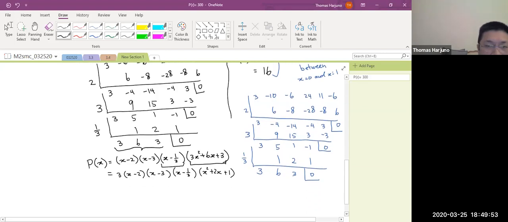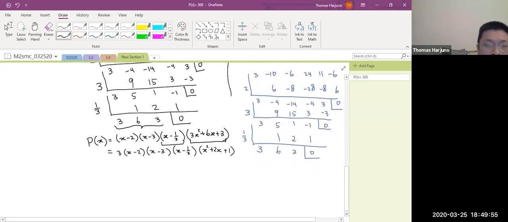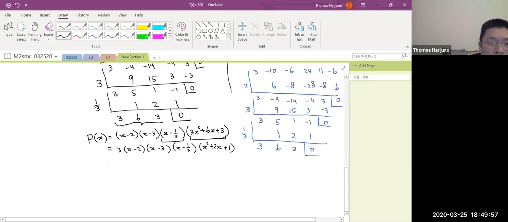It's already degree of 2. So this is 3 times x minus 2, x minus 3, x minus 1/3, x plus 1 squared.